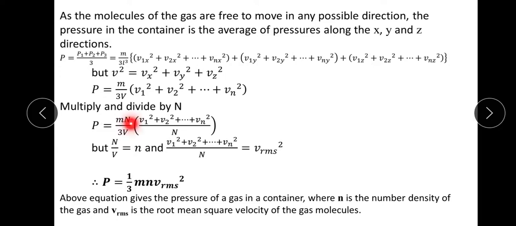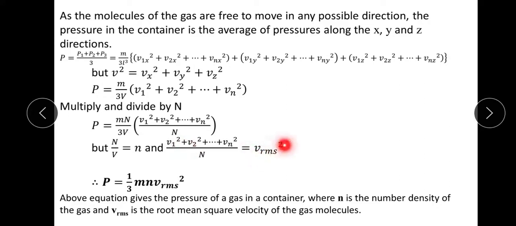Now this n by V, the number of molecules present per unit volume, is written as small n, and this quantity (v1 square plus v2 square up to vn square) whole divided by n is taken as v RMS square. This RMS is nothing but root mean square velocity, the average of the squared velocities of all the particles.